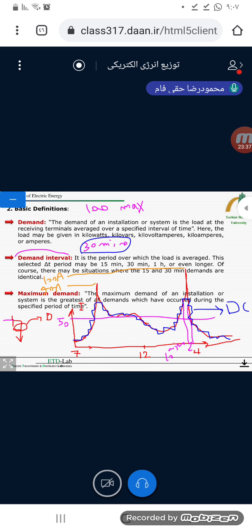I averaged this load curve in a 30 minute interval. If you see, the inrush current is omitted in the demand curve by selecting a demand interval of 30 minutes. The demand curve is smoother than the load curve, okay.